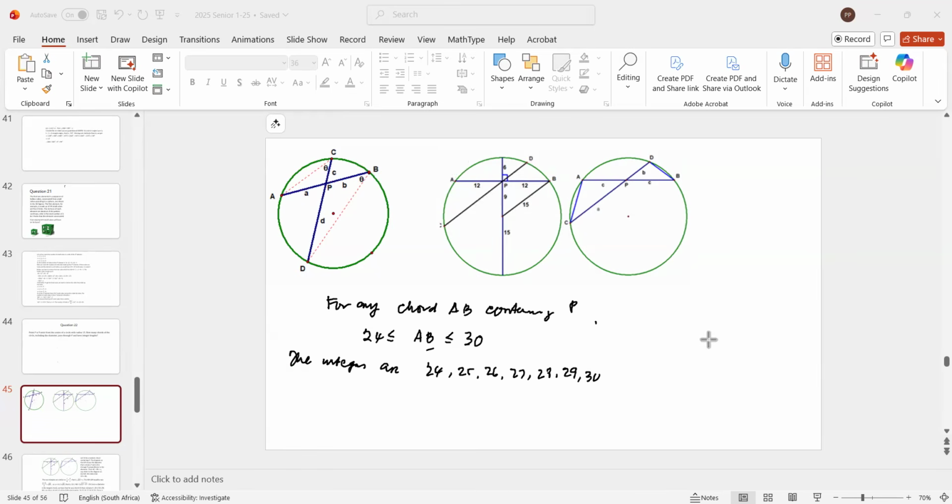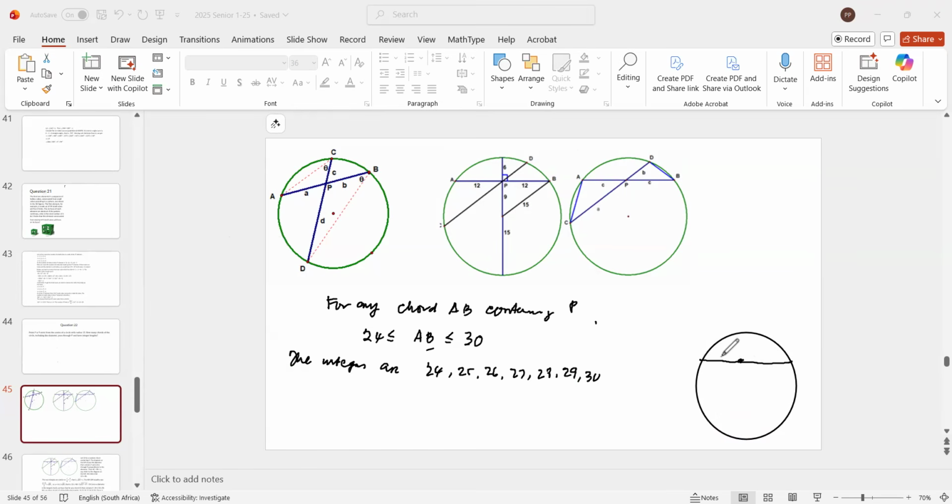Let me just pause here. You see, if I have a point P here, the smallest chord, the smallest length, is that, 24.